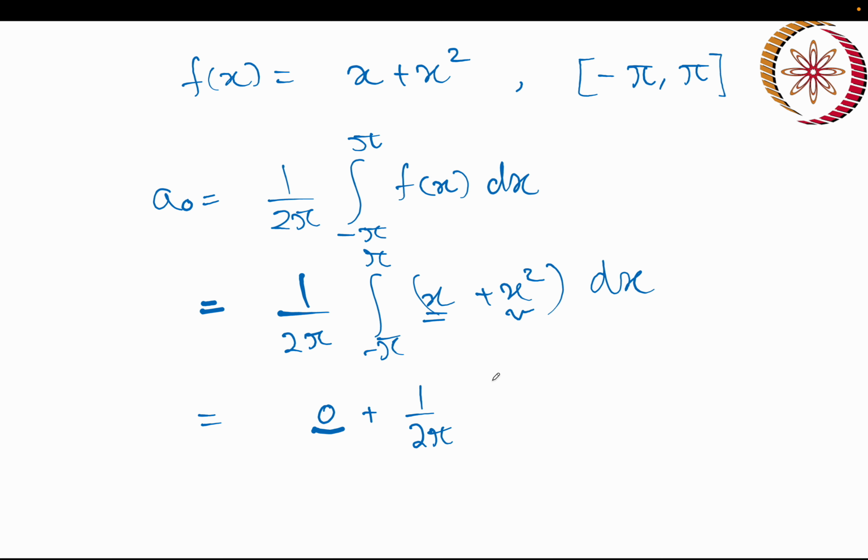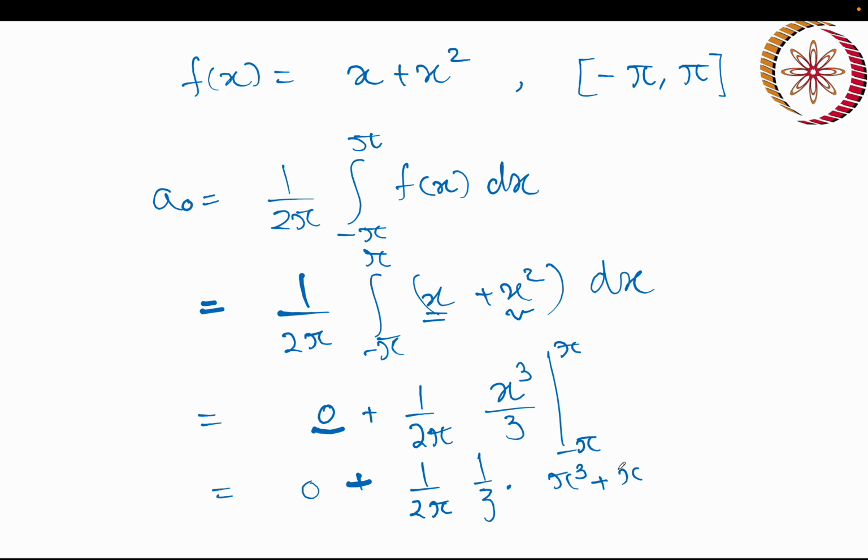Then the next term's integration will be x cubed by 3, and the limit will be minus pi to pi. So it is 1 upon 2 pi, 1 by 3, and pi cube minus minus pi cube, which will be 1 upon 2 pi, 1 by 3, and 2 pi cube.